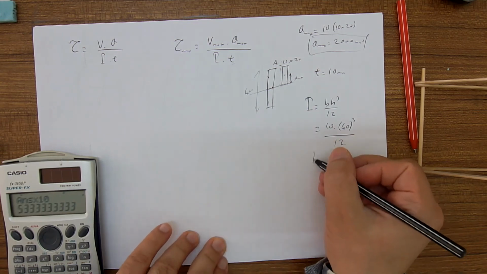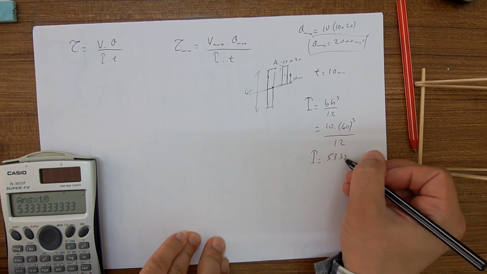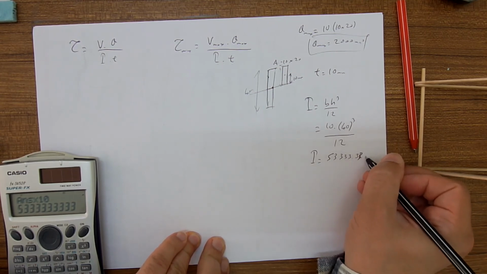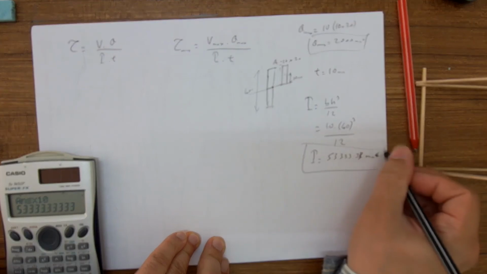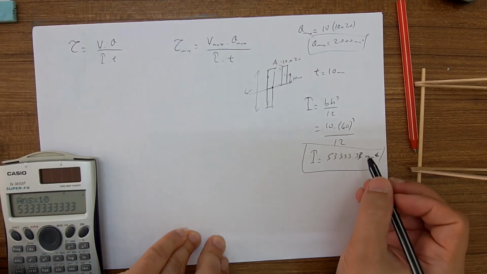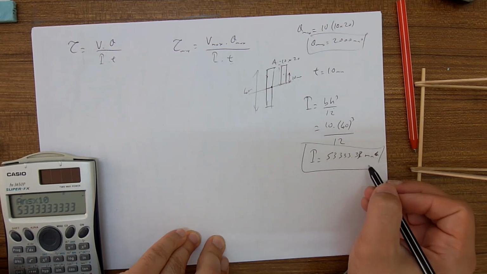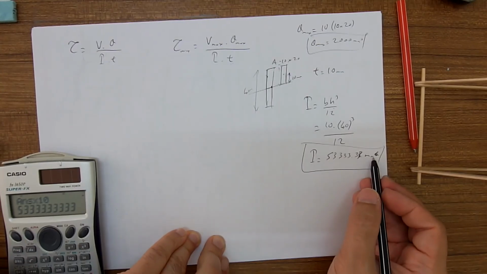So the result I is equal to 53,333.33 millimeter to the 4. Sorry, Q is millimeter cubed, and I is millimeter to the power 4.